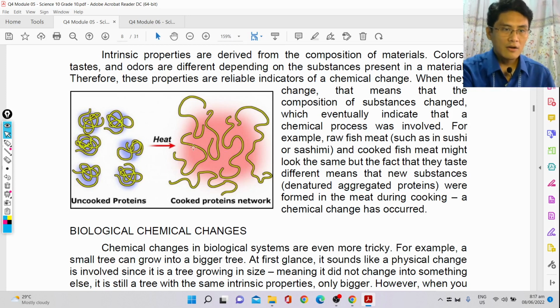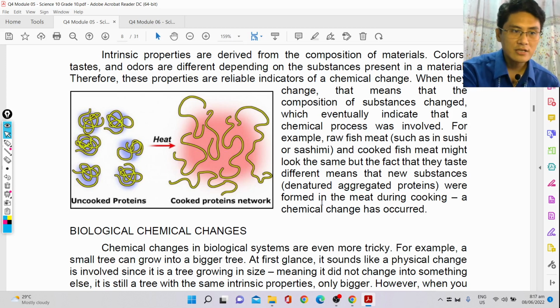An example for this is raw fish and cooked fish. Some people eat raw fish, like sashimi or other delicacies in Japan, sushi. You would notice that it tastes different when you cook it.